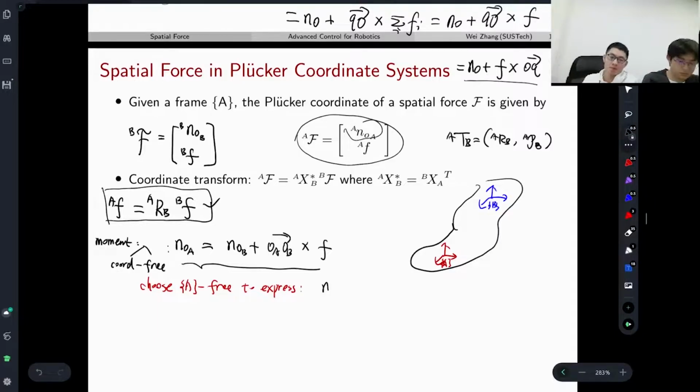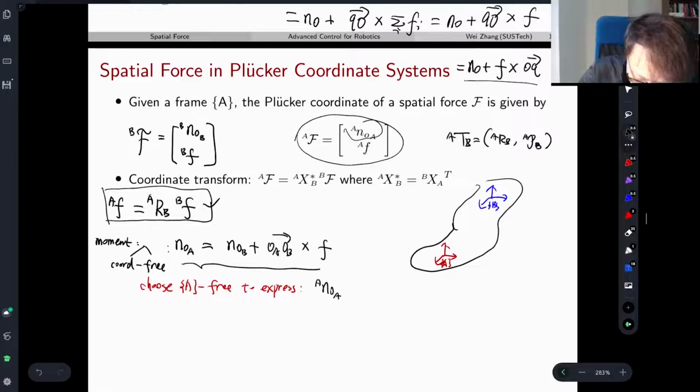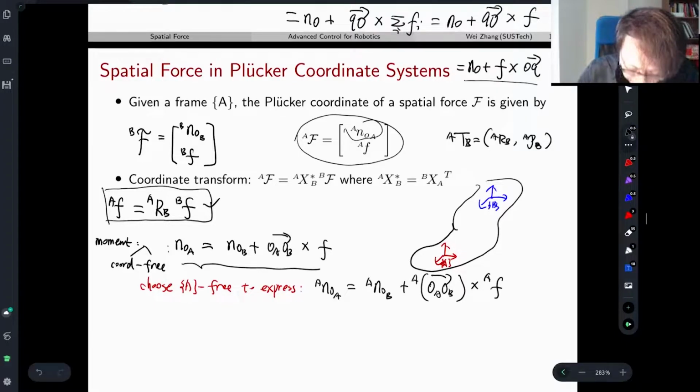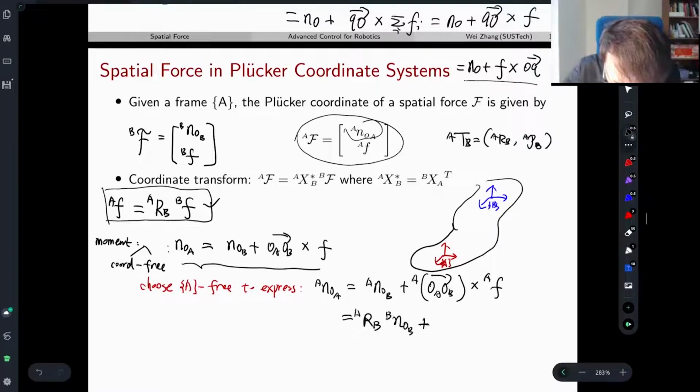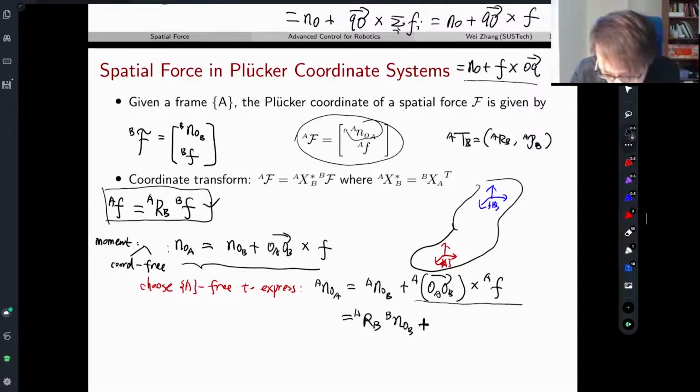N_OA in A equals N_OB in A plus this vector, O_A to O_B, in A cross F in A. And I want to relate to B, so this guy is R_BA times N_OB in B, plus this cross this.